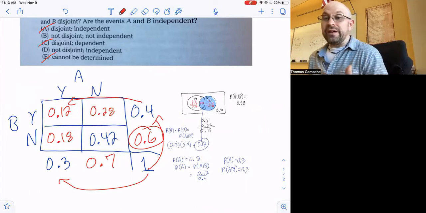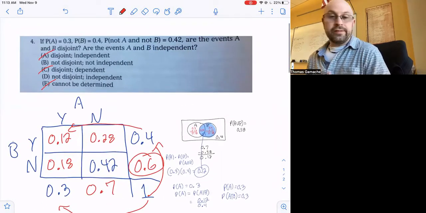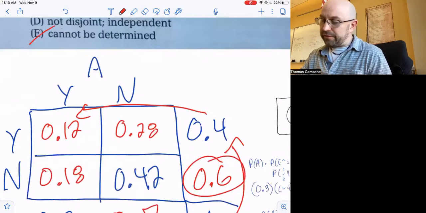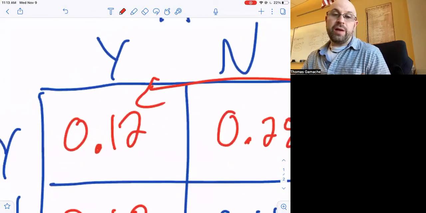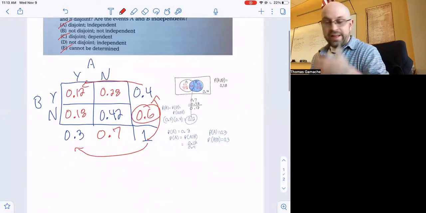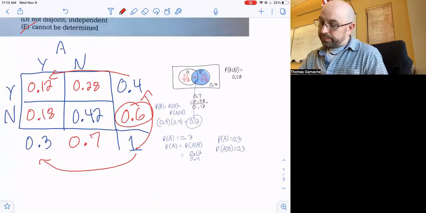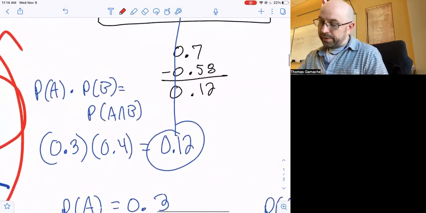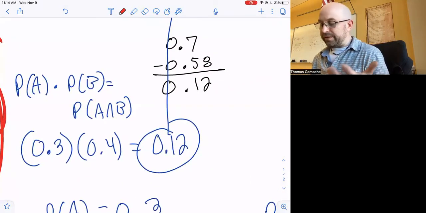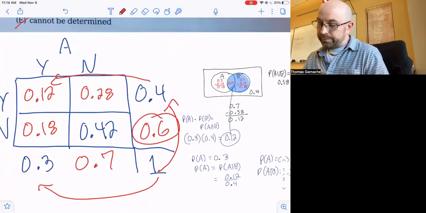Now that I have this stuff, I can still answer these questions. Disjoint means not happening at the same time. It's definitely not disjoint. The probability of them both happening at the same time is 0.12 according to my table. That's great. Independence, again, I can use the same formula I did last time. Probability of A times the probability of B equals the probability of A and B happening at the same time. Those values haven't changed. I still have 0.3 and 0.4.